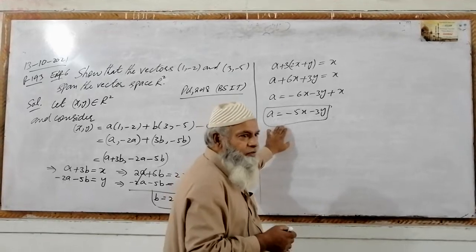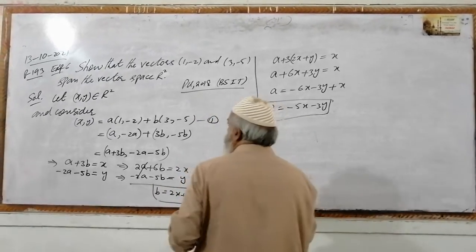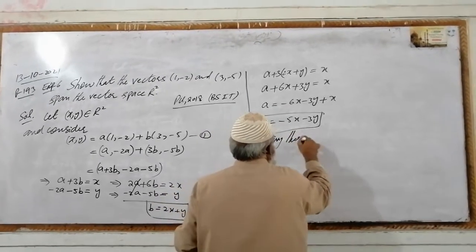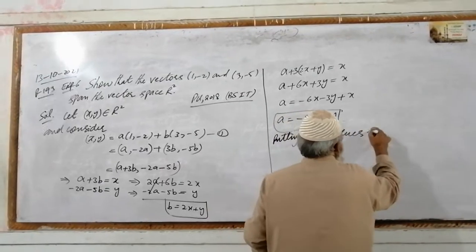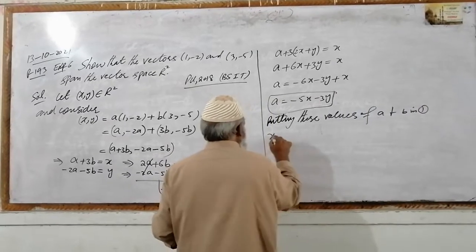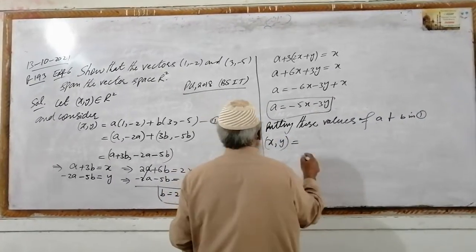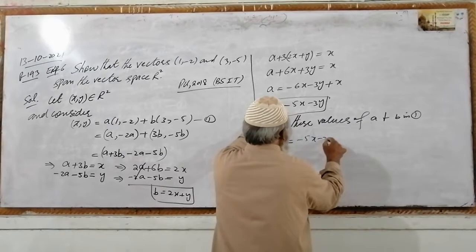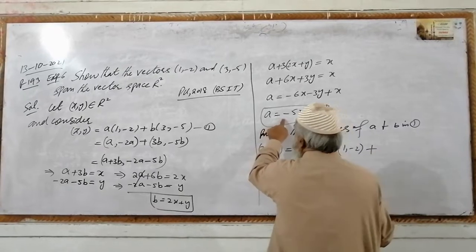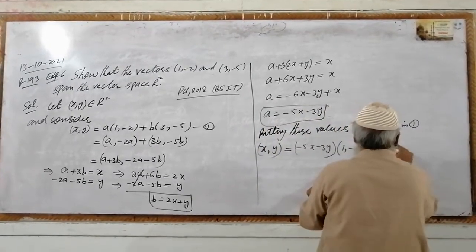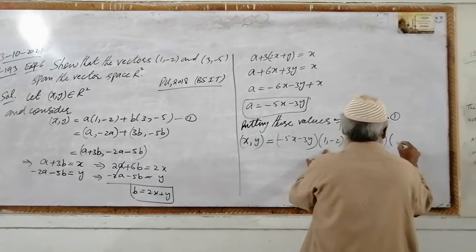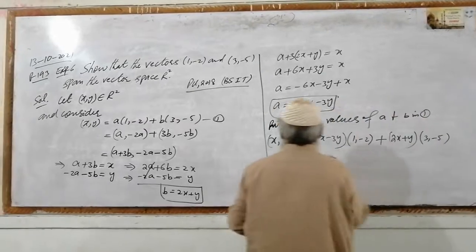Now after finding the values of a and b, we put these values in equation 1. Putting these values of a and b in 1, what will we have? (x, y) is equal to, what is the value of a? -5x - 3y, into (1, -2), plus, what's the value of b? 2x + y, and the other vector (3, -5).